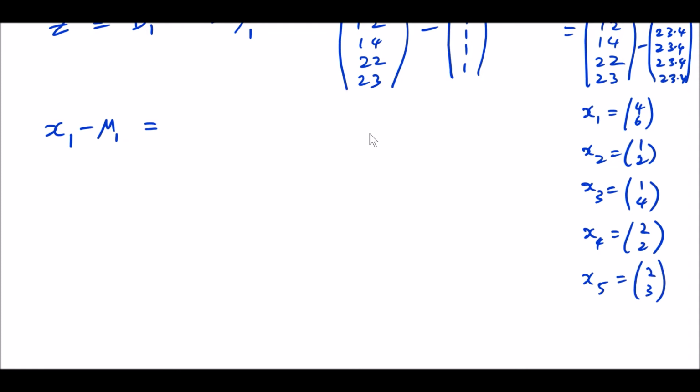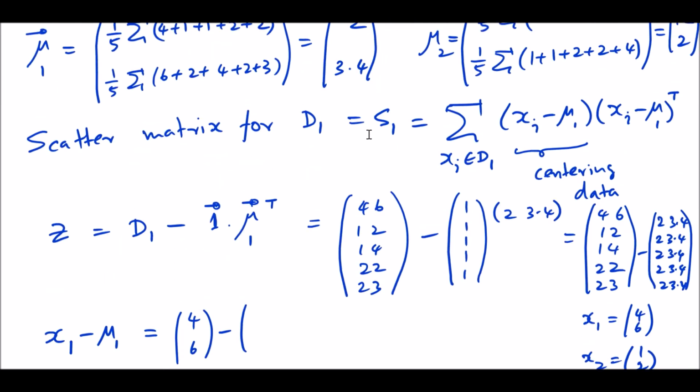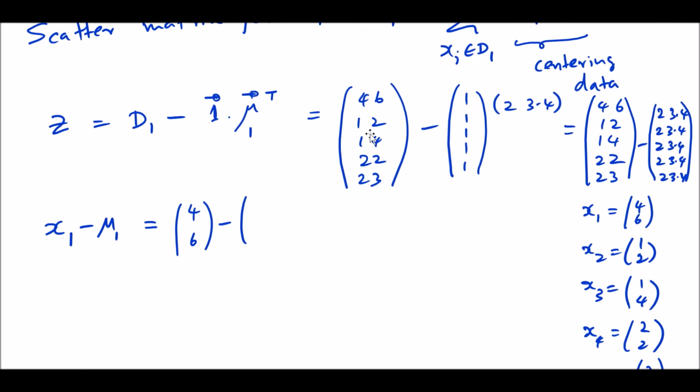These are all the points, and if you take away mu1 from all the vectors, 4 6 minus mu1, our mu1 vector we found to be 2 3.4, so we get 2 and plus 2.6.